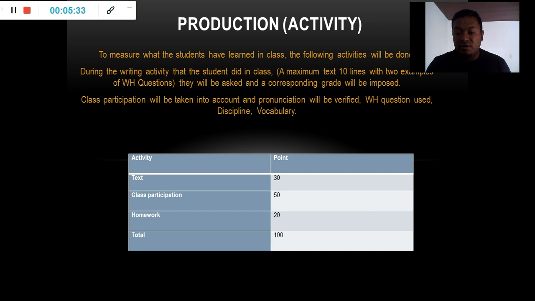The test covers theory, class participation, where the student goes to the front and says some WH question or expression, and homework, for a total of 100 points.